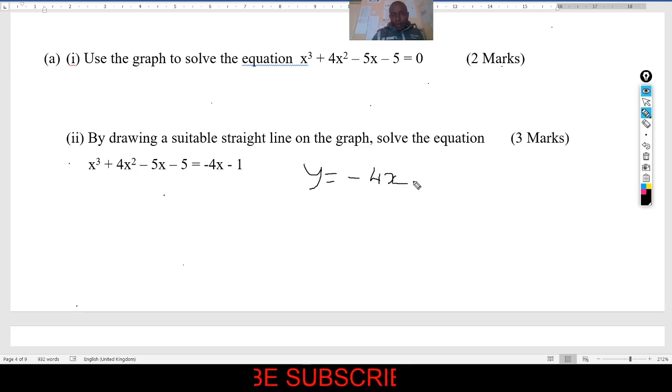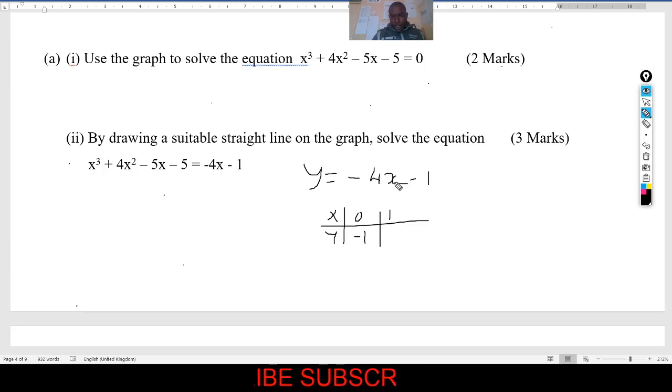So what you do, you make a table for this one. You say x, and then you say y. I can start with x is 0. If I place 0 here, then y is -1.